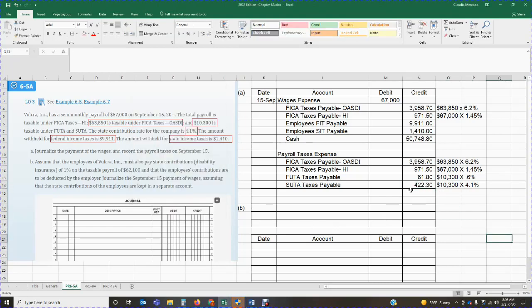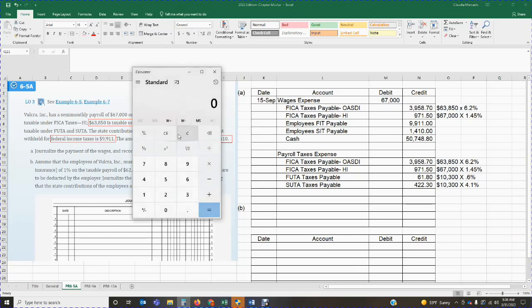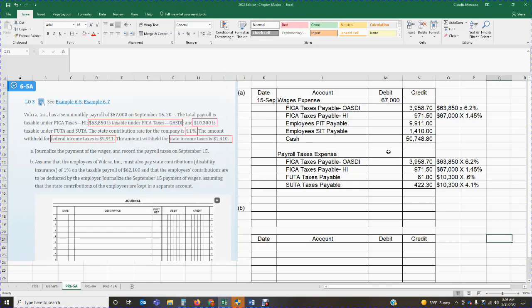Now that I have the four taxes that the employer, Volcra, has to pay, we can add them together to figure out what our payroll taxes expense is. So I know I have to pay $3,958.70 for OASDI, $971.50 for HI, $61.80 for FUTA, and $422.30 for SUTA. So that means that my payroll taxes expense is $5,414.30, and then I can just plug it in.